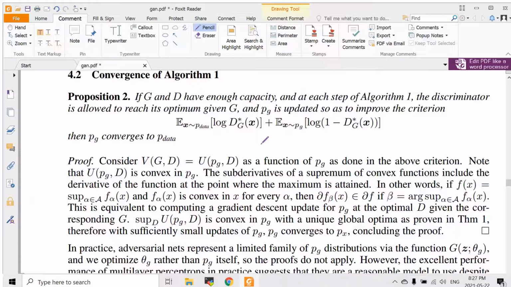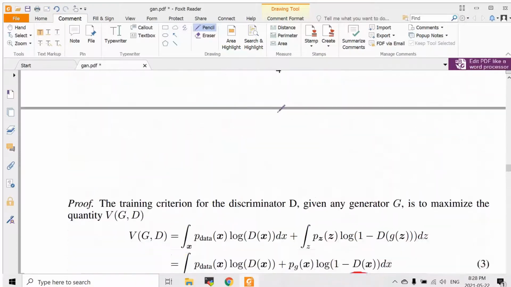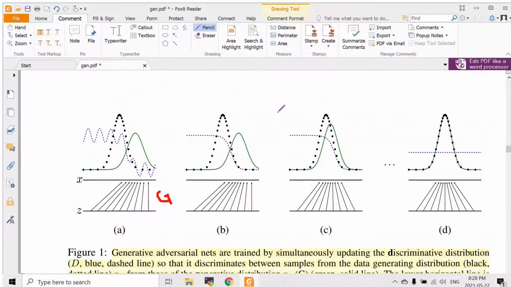So at each step, for K steps, you're training the discriminator, and then you're back propagating the error and training the generator. Basically, you're trying to update PG, bringing it as close to the data distribution as possible.